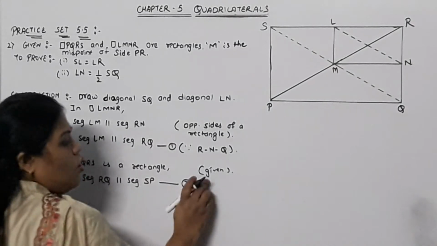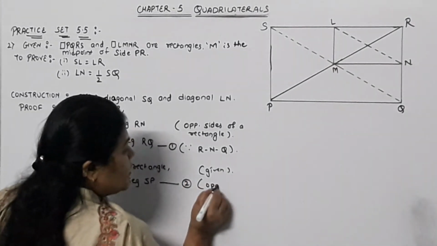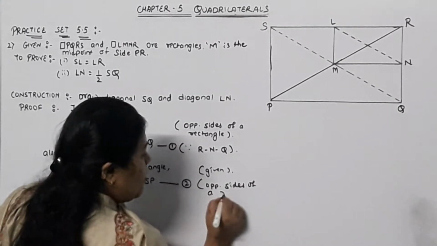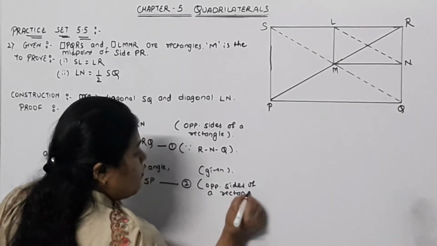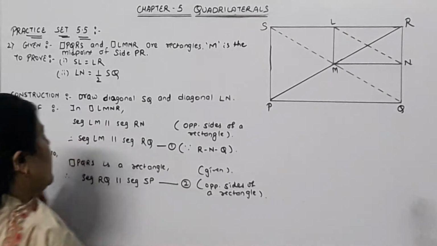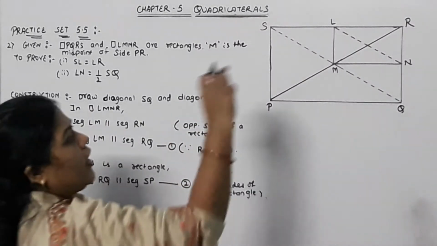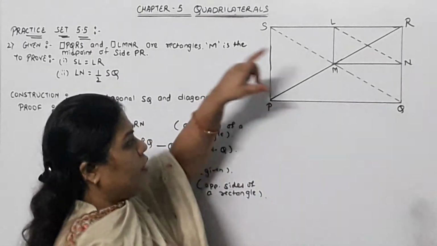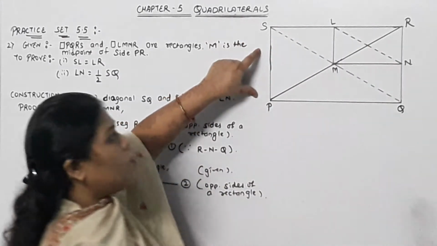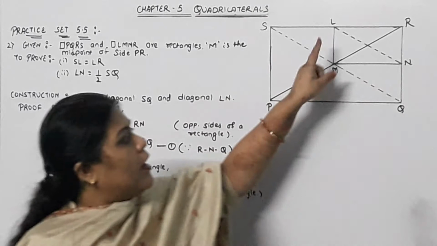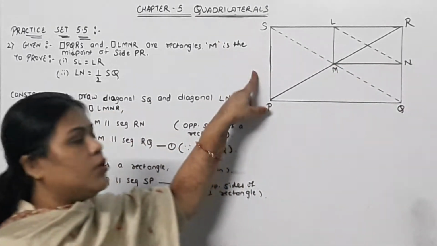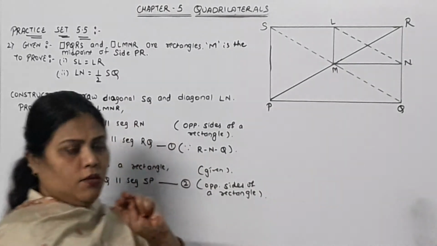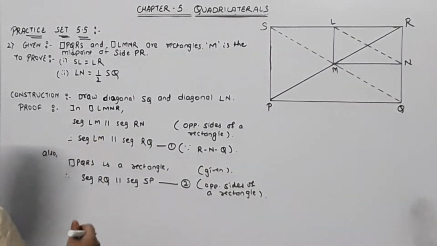And the reason is opposite sides of a rectangle. Now see, in equation 1 we have proved that LM is parallel to RQ, and in equation 2 we have said that RQ is parallel to SP. Now one line is parallel to the second, and the second is parallel to the third. It means what? The first is parallel with the third side by the property of transitivity.